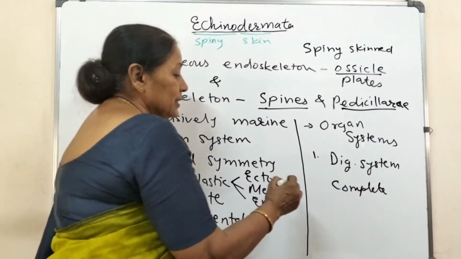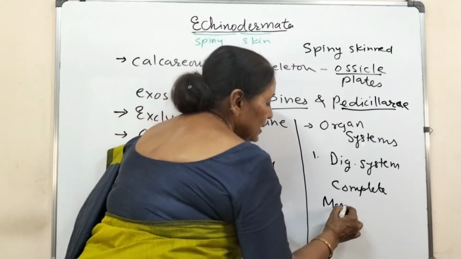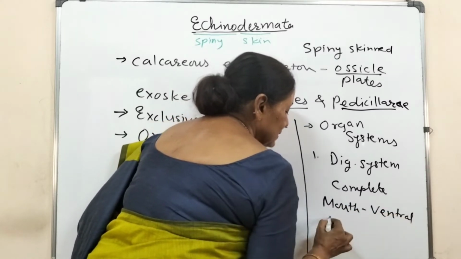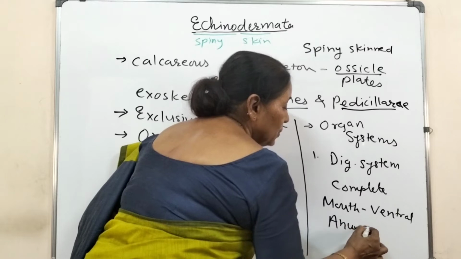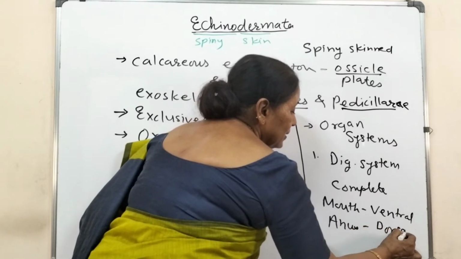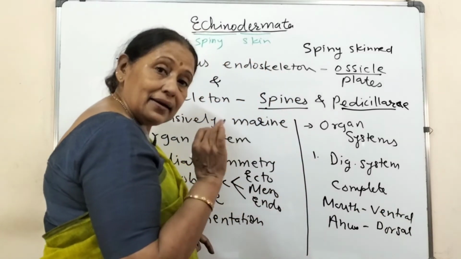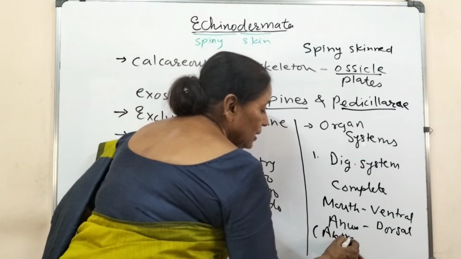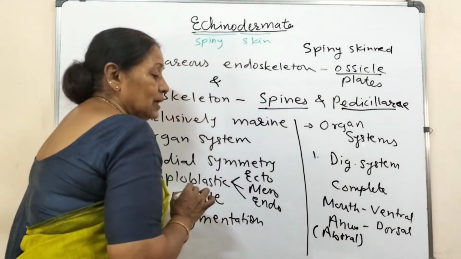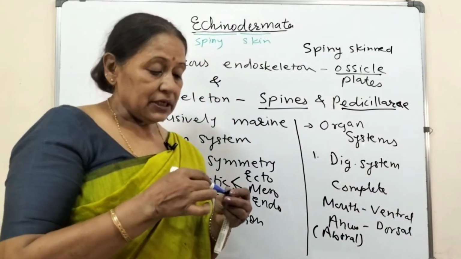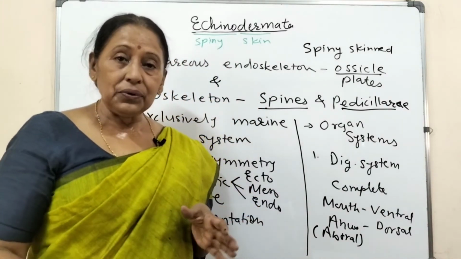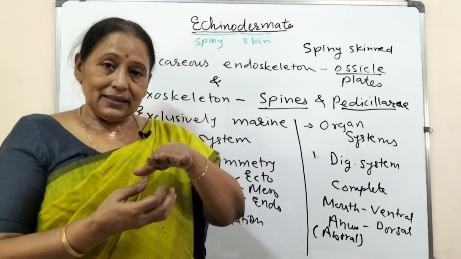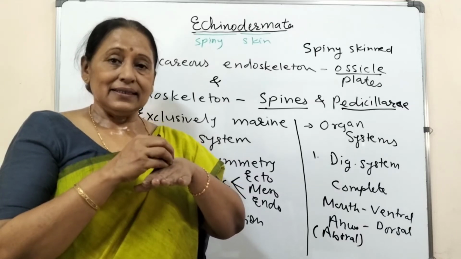And the mouth is ventral, and the anus is dorsal. The side in which the anus is present is called the aboral surface, opposite of oral. Just imagine how to recall which side is mouth and which side is anus.